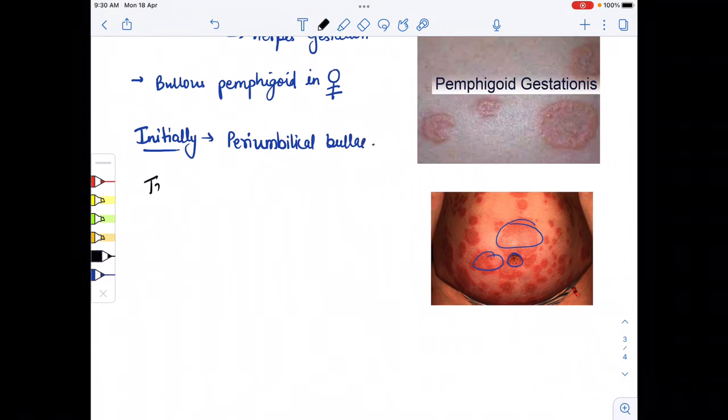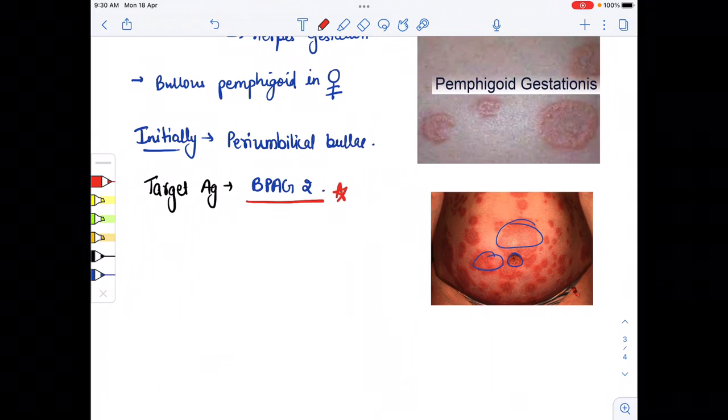Now the target antigen in pemphigoid gestationis is BPAG2. Please remember this, previous year question.